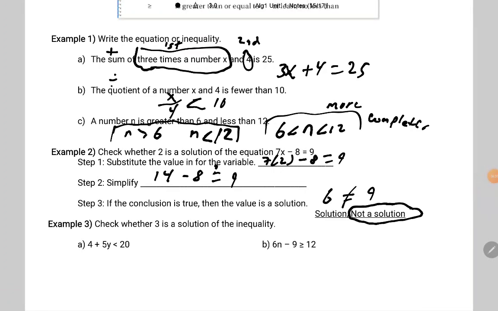Okay, next one. So 4 plus 5y, is that less than 20? We're going to see if 3 is a solution. So we're going to plug it in here, and we're also going to plug it in part B. Every time you see the letter here, boom.